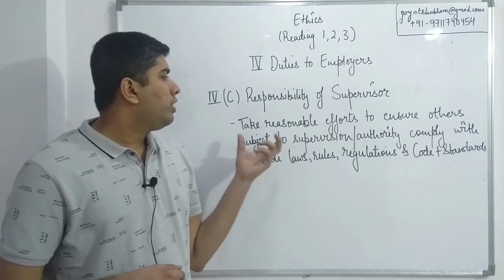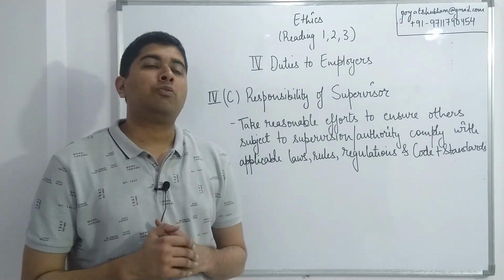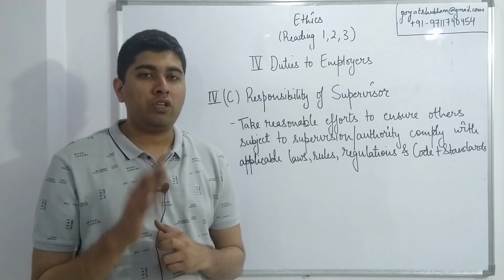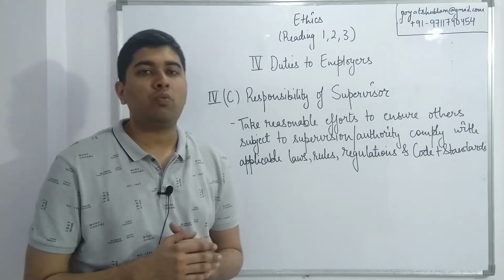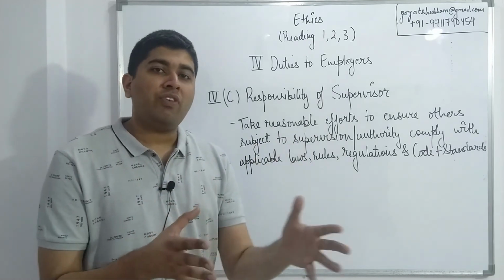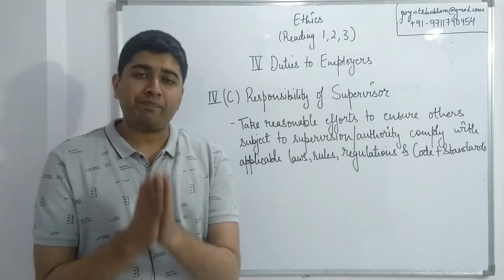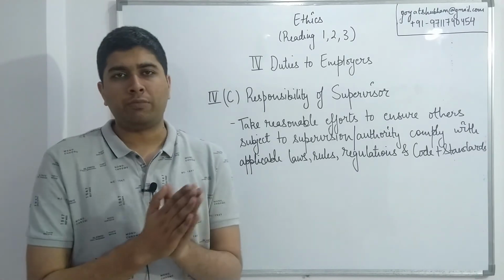The standard requires you to take reasonable efforts, the key word being reasonable. So you're not supposed to have 100% absolute efforts. There is no benchmark for what would constitute as absolute efforts. If in your professional opinion you believe you have taken all the good steps, that is what reasonable efforts means.